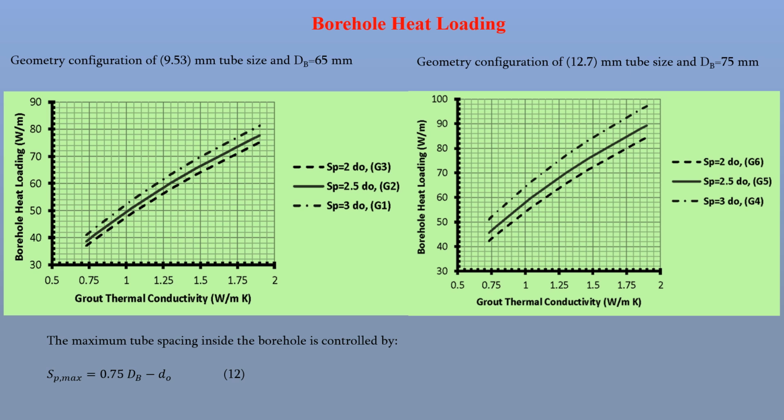Then in this case, we are destroying the borehole itself, because it will not be able to resist the design, and in that case we will lose the advantage of using the grouting material in the borehole.